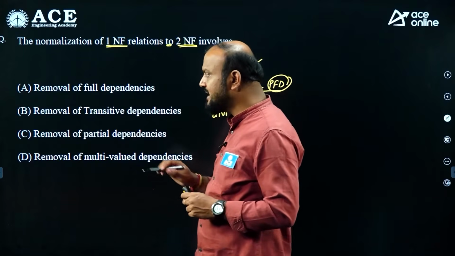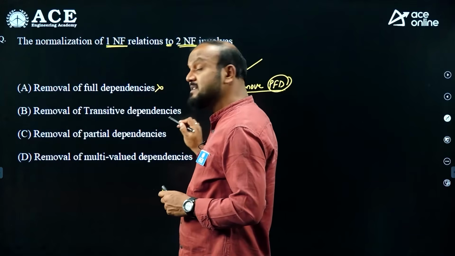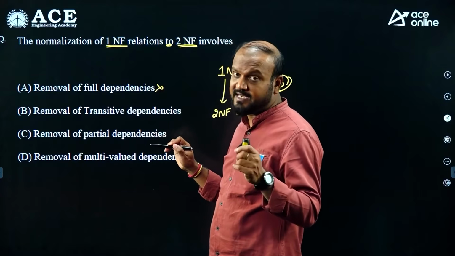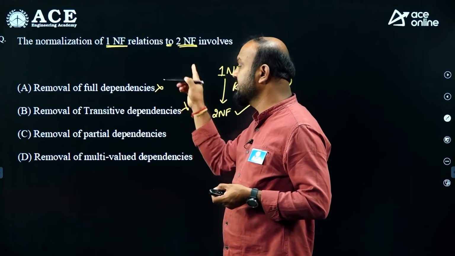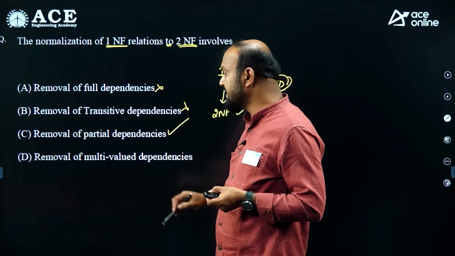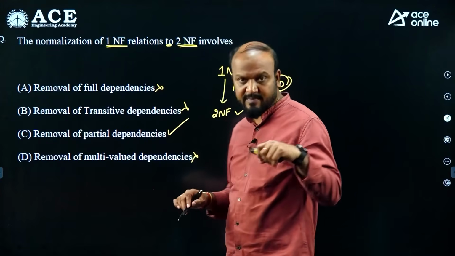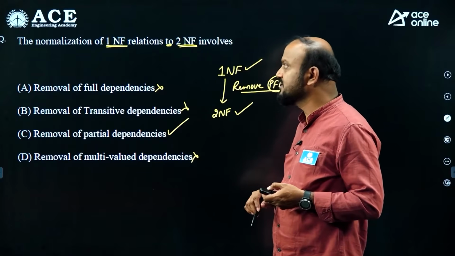Removal of full dependencies is not required. Removal of transitive dependencies is required in the second normal form to make it into third normal form. But the question is 1NF to 2NF, removal of partial dependencies. And removal of multi-valued dependencies happens in the fourth normal form, right? So the answer for this question is option C.